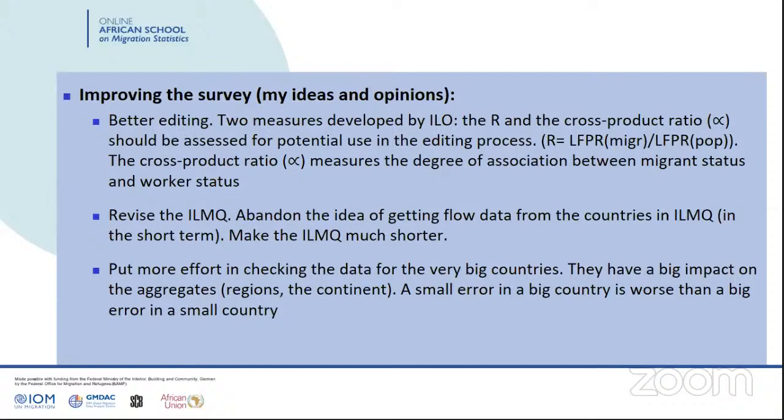We must make the ILMQ much shorter. Also, maybe we have to do very intense checking of data from the very big countries, because they have a big impact on the aggregates. A small error in a big country is much worse than a big error in a small country.